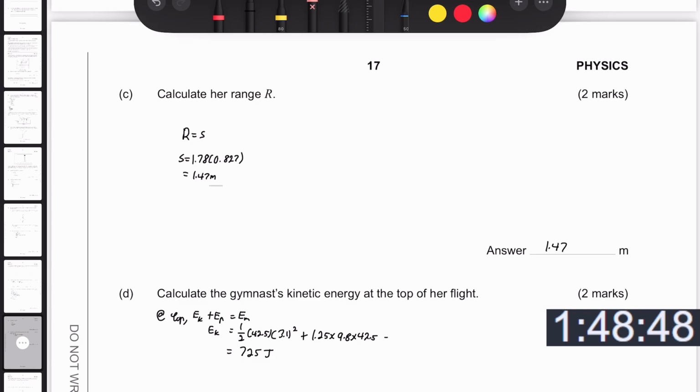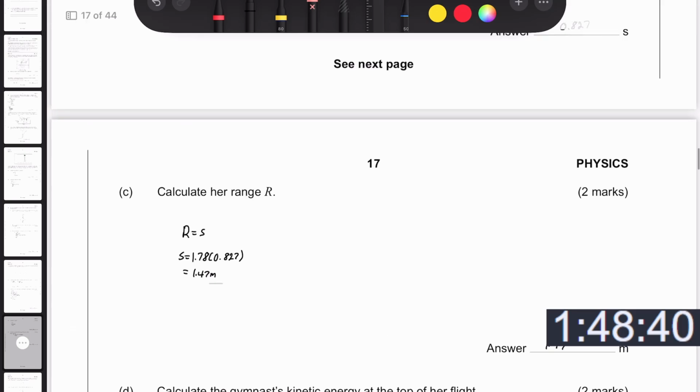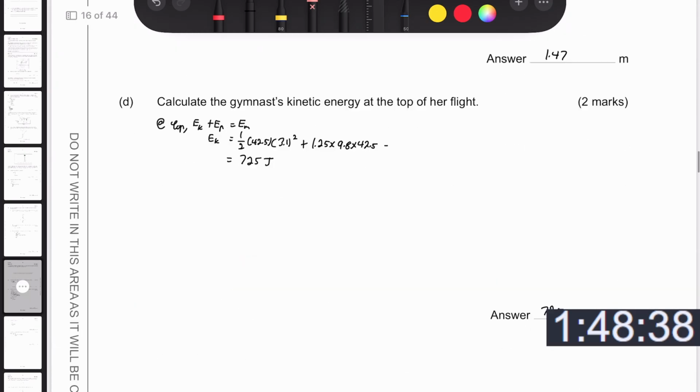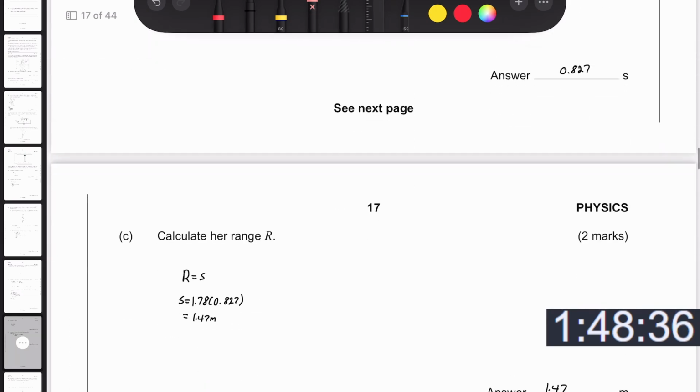Okay. I'm gonna do a little bit of a cheat, and I'm gonna find out what R is from the marking key. I swear I'm not gonna look at anything else. So I'll go straight to question 15C and see what it is. So I'll be back.